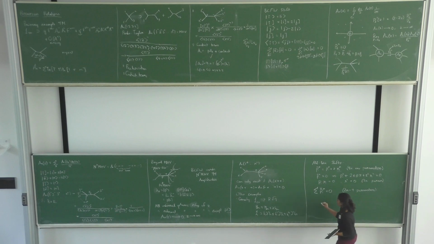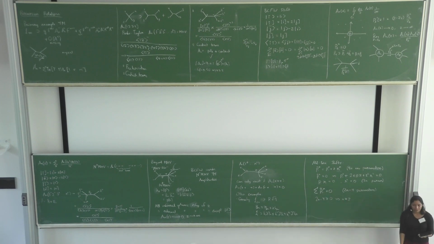So as long as 2n minus 4 is greater than or equal to 0, so n is greater than or equal to 2, which is a necessary condition for it to be an amplitude, you can construct such a shift, right? That's not to say it's a useful shift or you can do anything with it, but you can construct it.